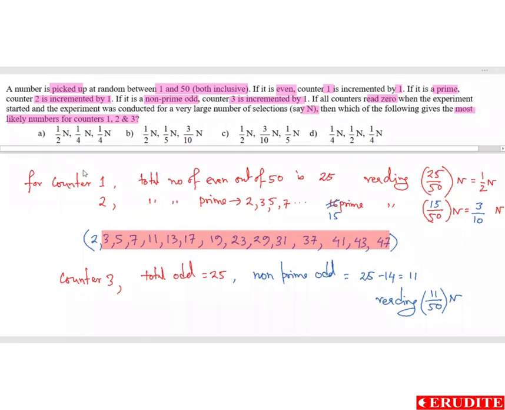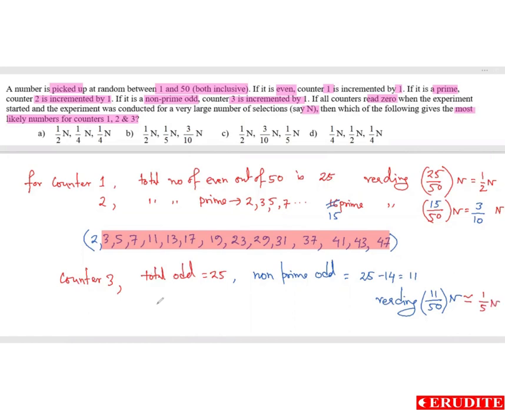But whenever we are going with a very large set of calculation, it would approximately go to 10 by 50, which is nothing but 1 by 5 of n.